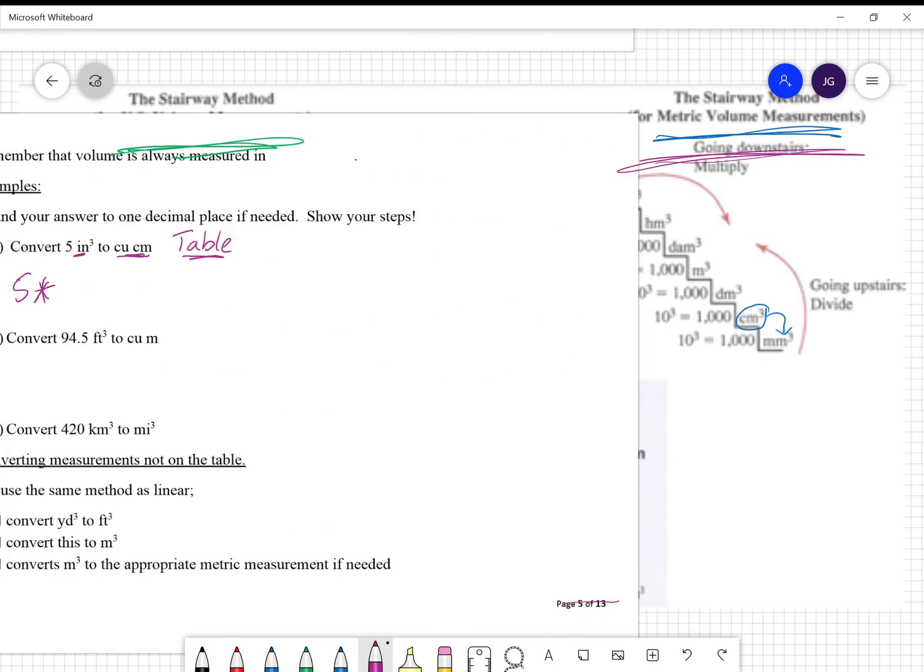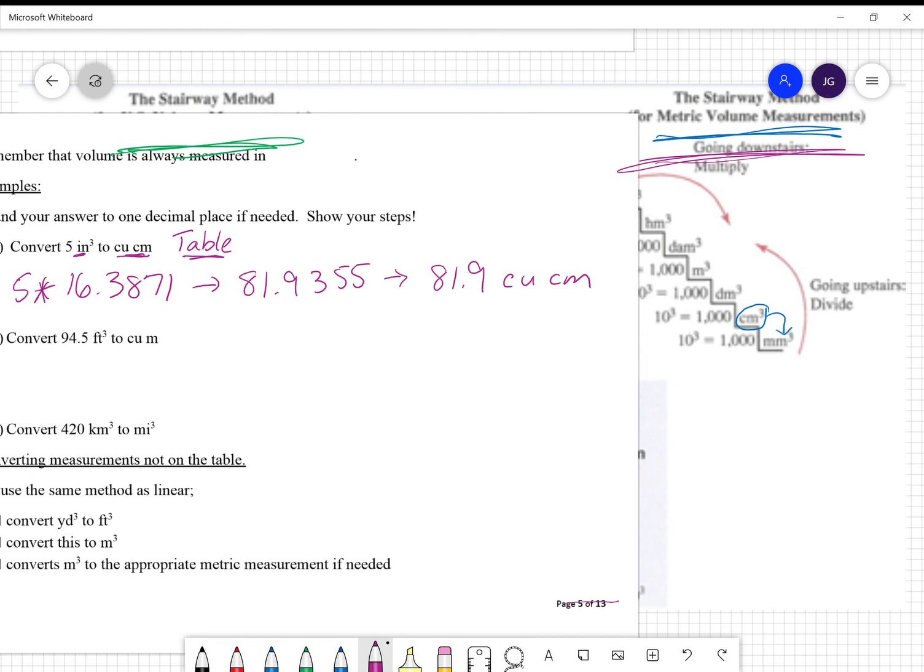That gives 81.9355. If I'm going to round to one decimal place, that would be 81.9 cubic centimeters.